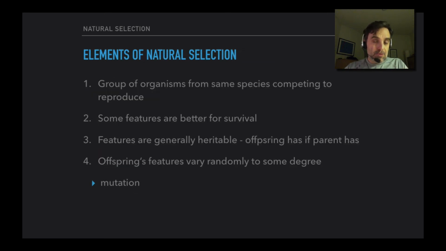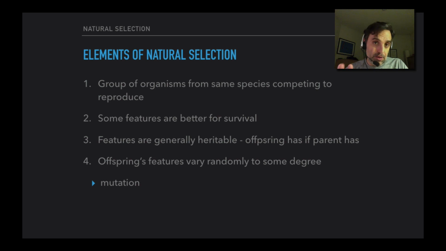So what do you need to remember about this? There are these four elements of natural selection. That we have a group of organisms from the same species competing to reproduce, that some of their features are better for survival than others, that these features are inherited by offspring, but they're not perfectly inherited, that the offspring are somewhat different with respect to the features that make a difference to survival. That's what mutation is.